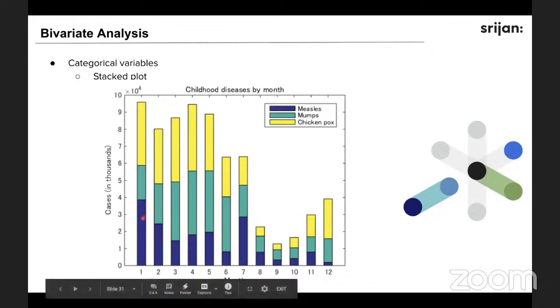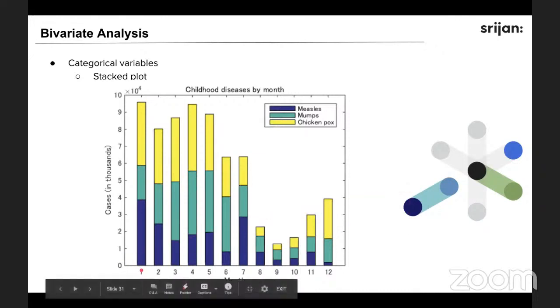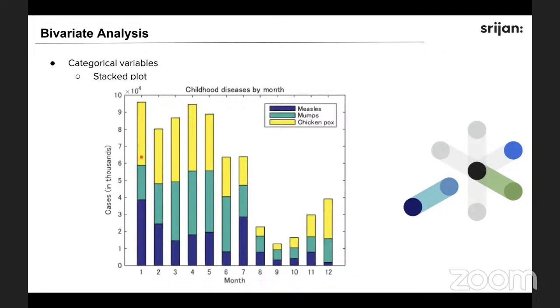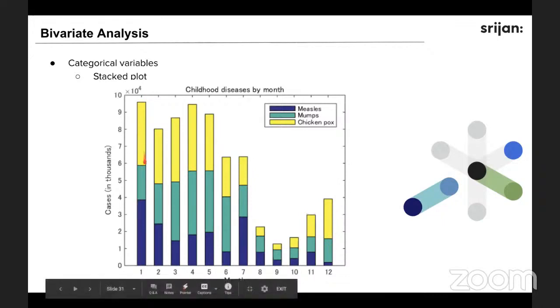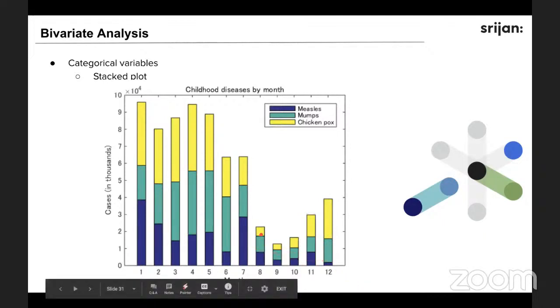This shows us that, let's say for the first month we have this number of cases, then within these cases we have this particular distribution for chickenpox, this for mumps, and this for measles. And similarly this for the next several months.